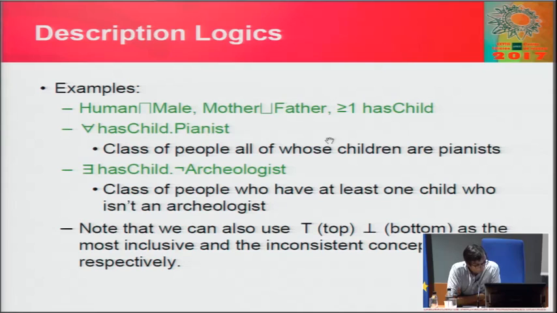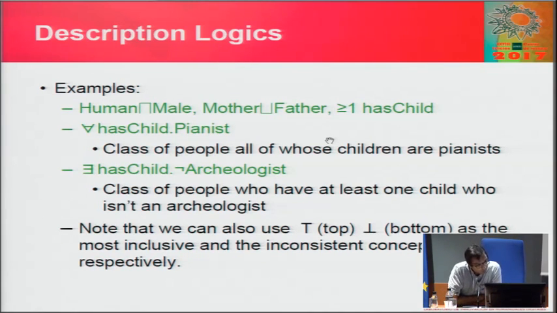And for example, if we now move on to the quantifiers, we can construct classes such as the following. In this instance, we use the for all quantifier with the has child property and the pianist class to create the class of all people, all of whose children are pianists.